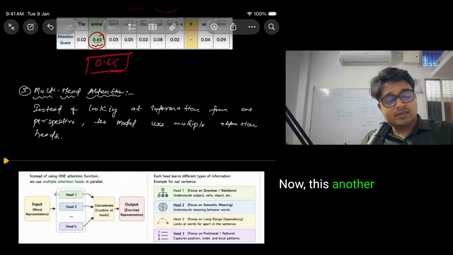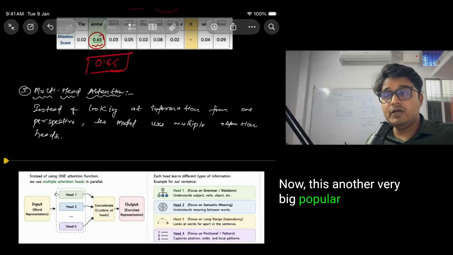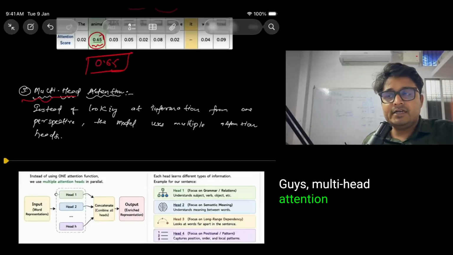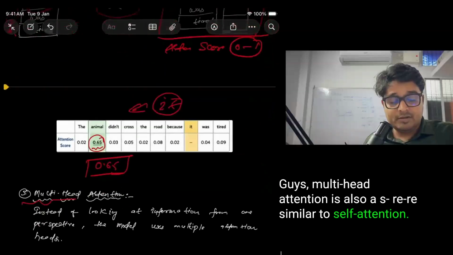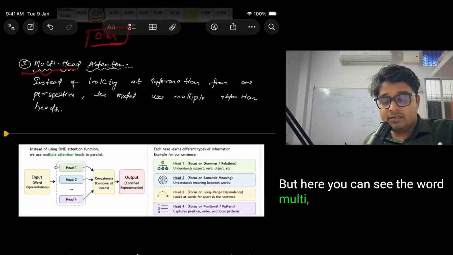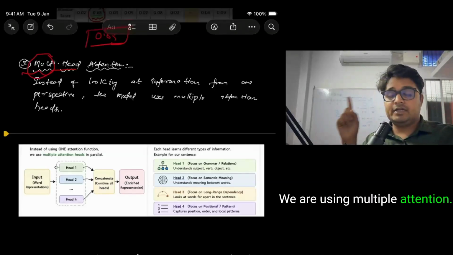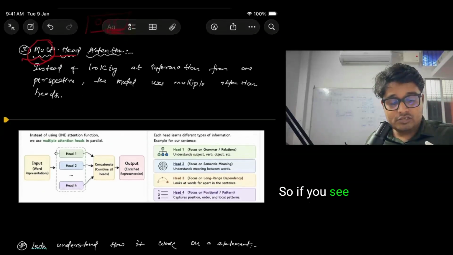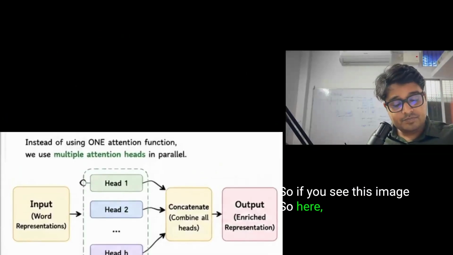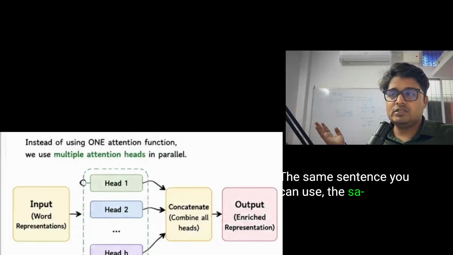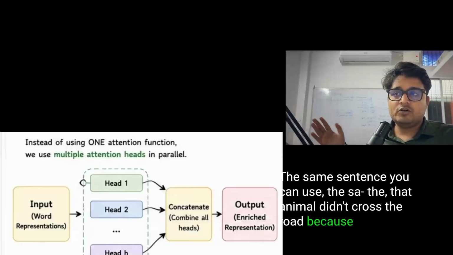Now another very popular attention is called multi-head attention. Multi-head attention is similar to self attention, but the word multi means we are not targeting only one attention, we are using multiple attentions. If you see this image, the input is a sentence, the same sentence: the animal didn't cross the road because it was tired.